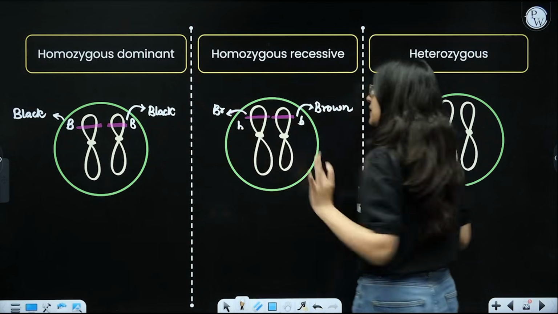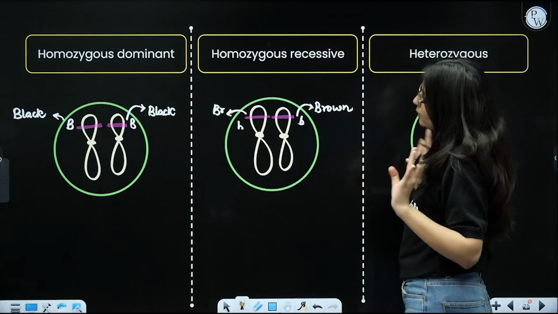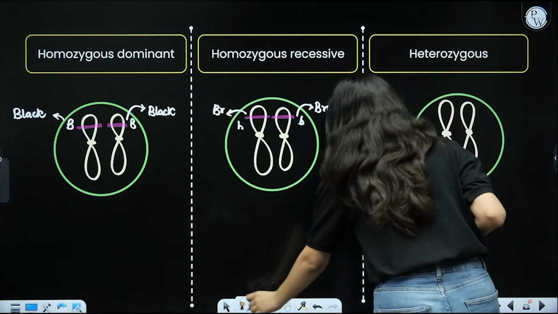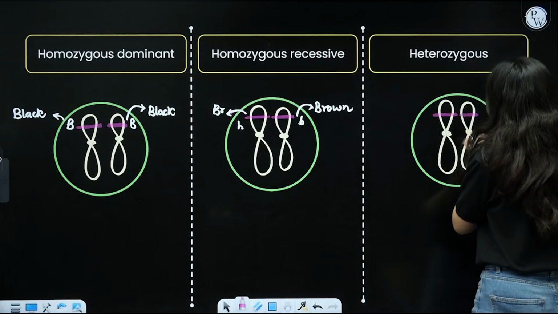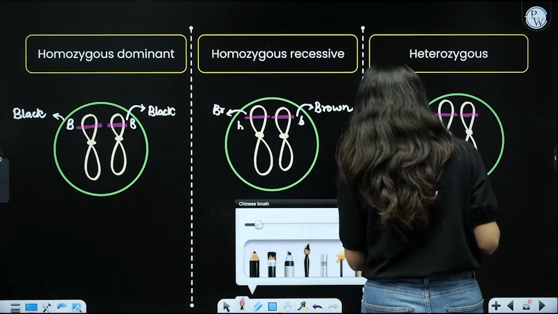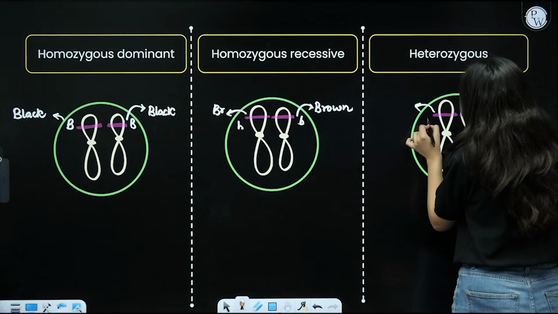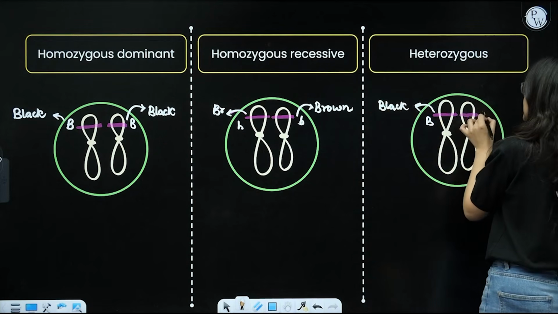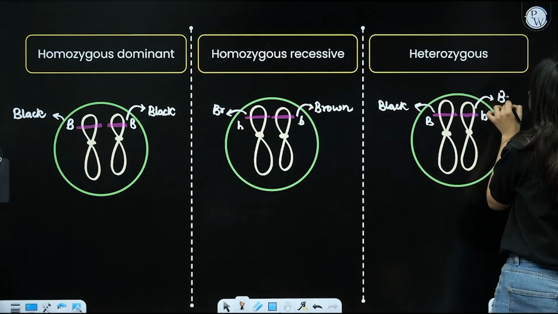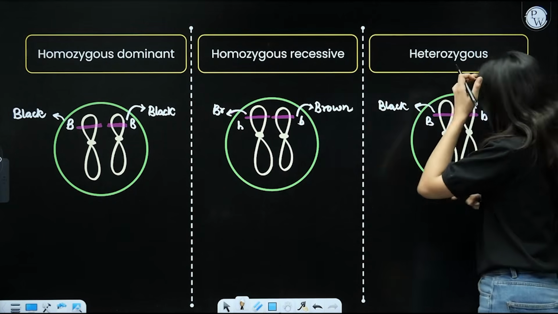Both are absolutely friends with each other. You say brown, I also say brown. That's it. Now the third condition: I also have the hair color gene, but one allele says that the hair color has to be black, and the other allele says it is supposed to be brown. Now let us see what will happen.